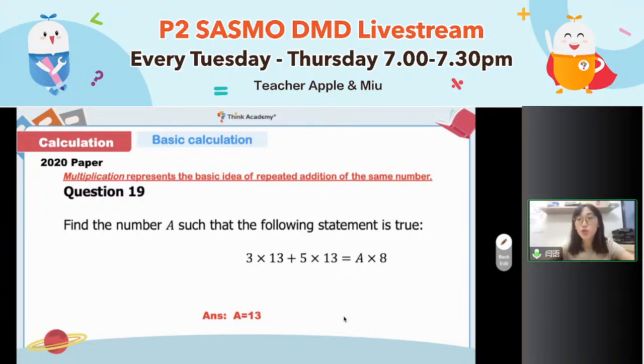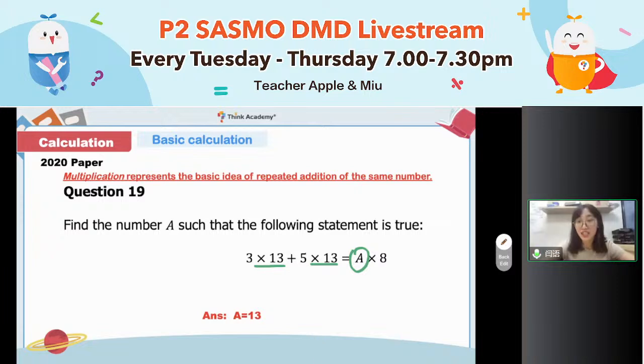Okay, so back to our original question. We get 3 times 13. Try to observe, find the common part. Times 13, times 13. So originally you had 3 13s and then you have 5 13s. So in total, how many 13s are there? We have 8, right? So you see 8 13s. So what is A?